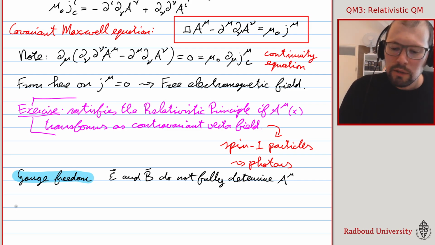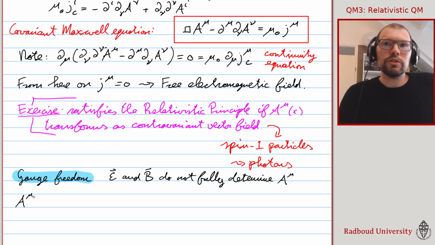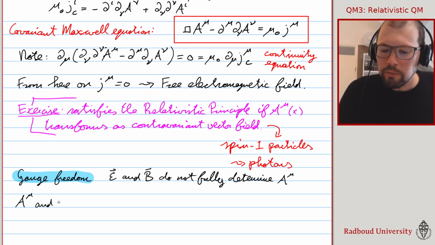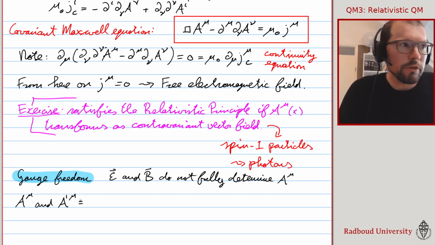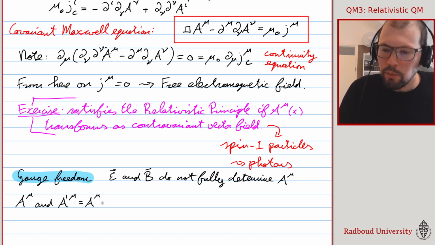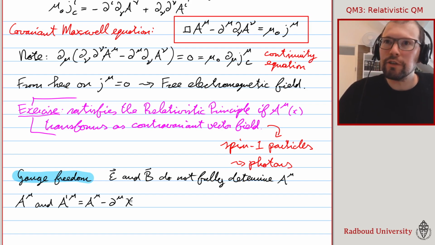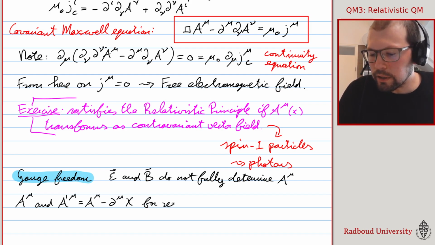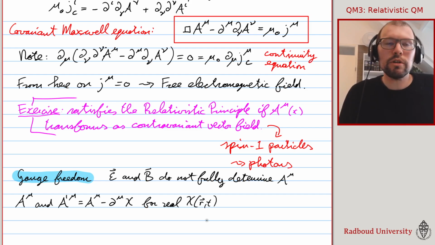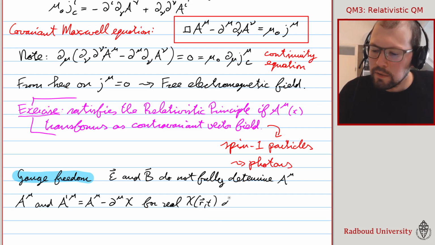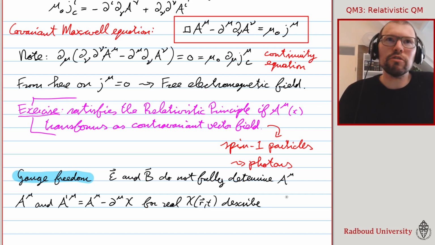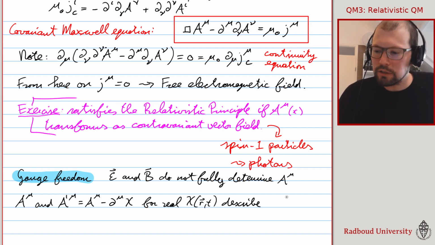In what sense? Well, if I have some four potential A mu and I compare it to another four potential A prime mu that differs from the first one by a four-gradient of some real function chi, which can depend both on space and time, they describe the same physics. Or to put it differently, they give rise to the same electric and magnetic fields.